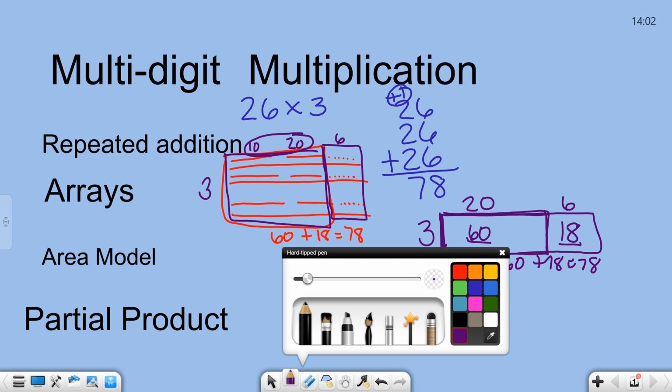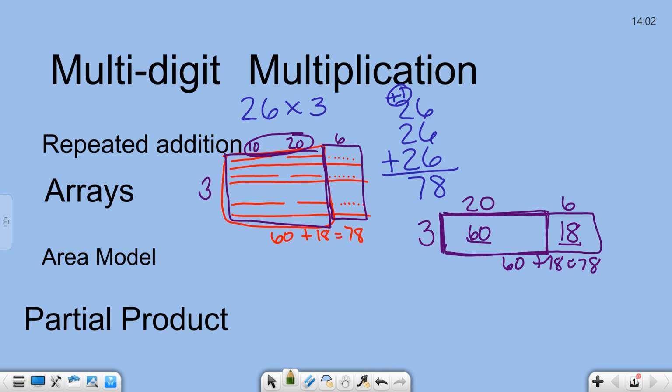Next is partial products, and that is doing every digit times the other factor. So, 26 times 3. I'm doing 20 times 3 because this 2 represents the number 20.